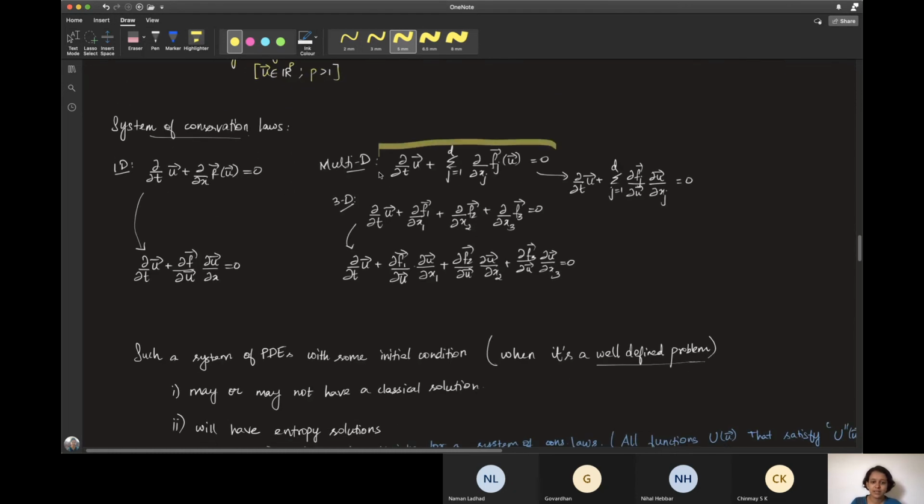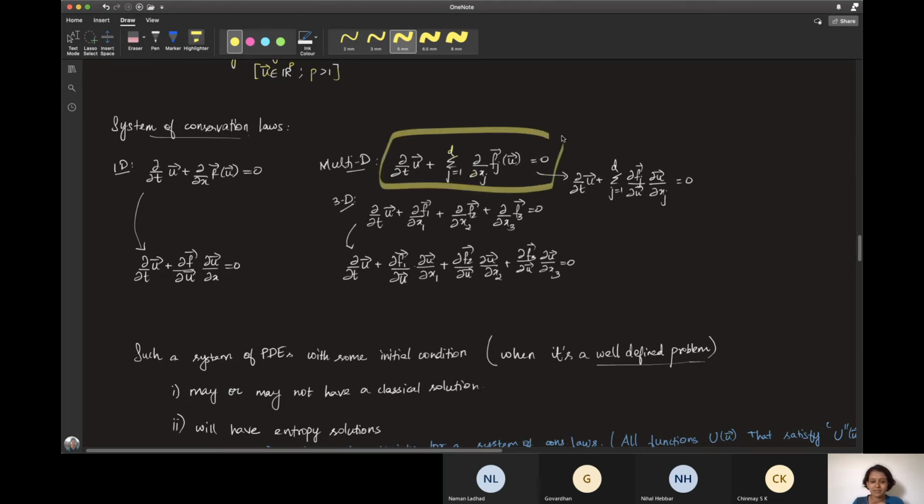So this is some general system of PDEs, which is dou by dou t of u vector plus, this is what we usually see in all of our previous classes, summation j equals 1 to d. D represents the dimension, and dou by dou xj of fj vector of u vector.